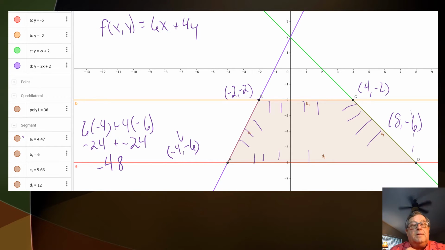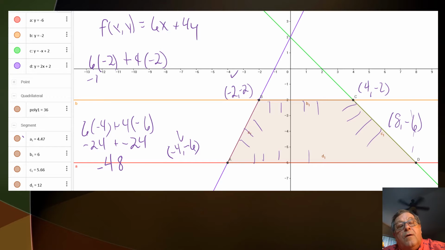That would be one value. Let's now use this coordinate, (-2, -2). So we'd have 6 times negative 2 plus 4 times negative 2. 6 times negative 2 is negative 12, and 4 times negative 2 is negative 8, and so that equals negative 20.